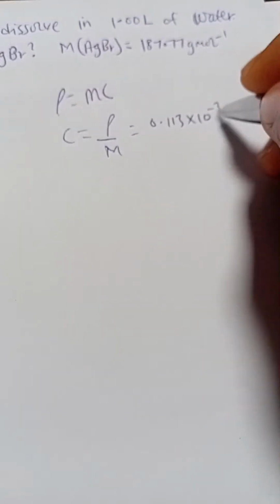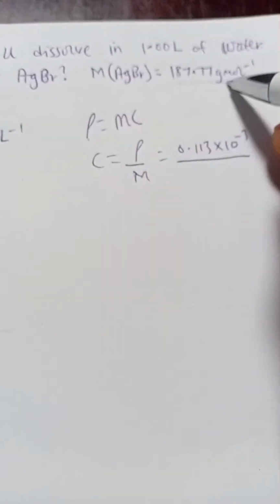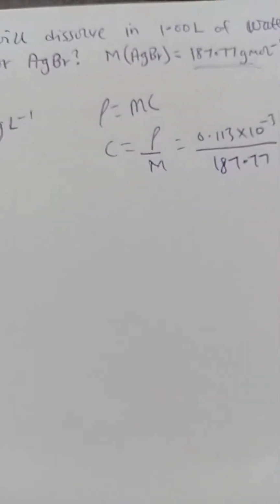Then after getting this, we have to get our molarity. So using rho equals MC, we can get the molarity to be rho over M. So that gives us 0.113 by 10 to the power minus 3 all over the molar mass given here, all over 187.77. So let's see what that will give us.